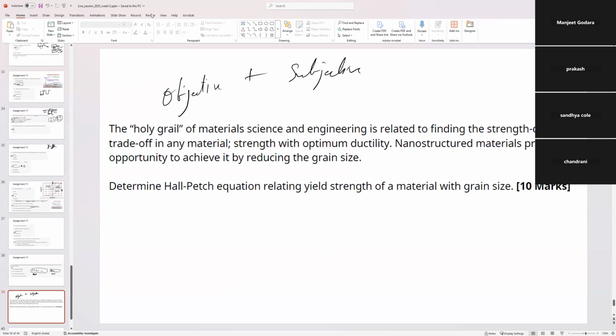So you had to do the derivation of the Hall-Petch equation, sigma equals sigma naught plus k d to the power minus half. You need to do the complete derivation of this equation.